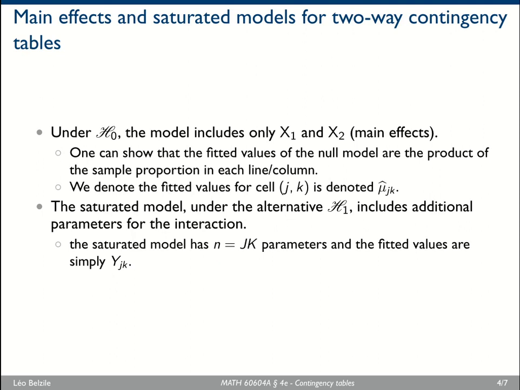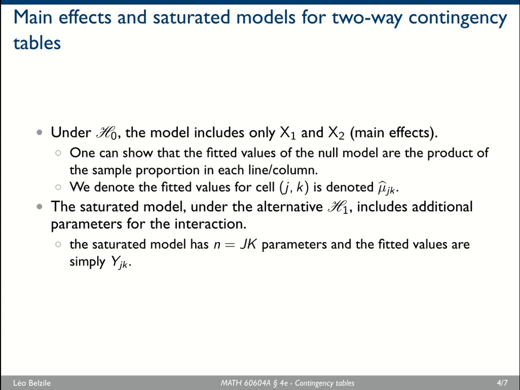Okay, and so if you were to actually compute, as I said, the maximum likelihood estimator of this interaction model, you would realize that basically every fitted mean would correspond to the actual number of observations in the cell.